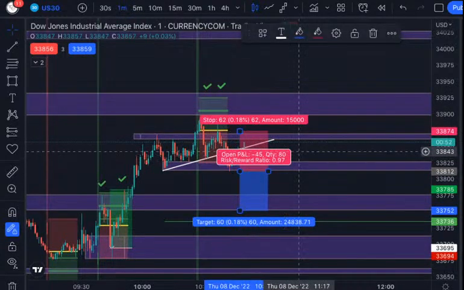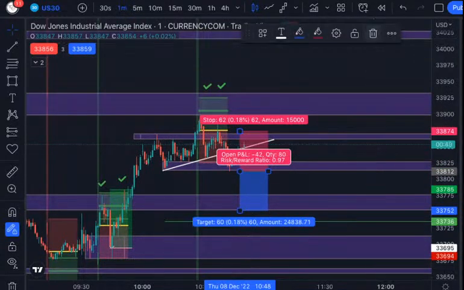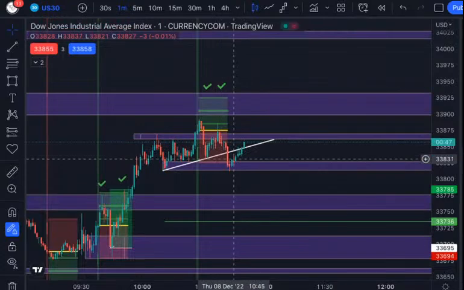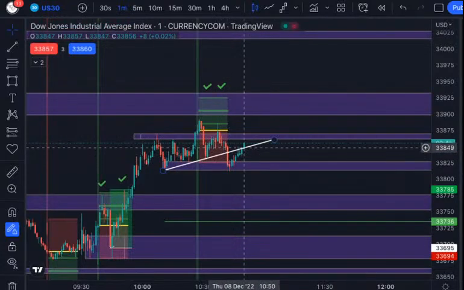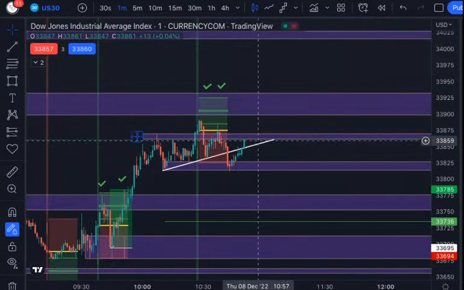That's too much. All right, so that's null and void. I'm not even going to pay attention to that move. It's breaking above pretty strongly.